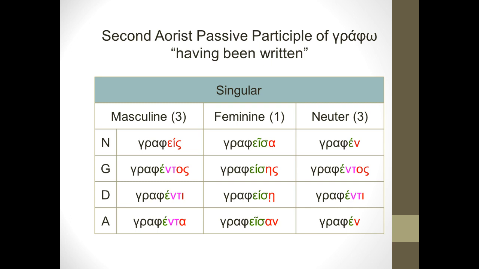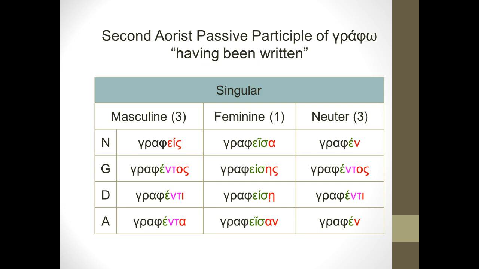Finally, for paradigms, we have to look. There is a second aorist passive participle, just as we saw earlier, and this shows up with grapho. If you look at this, you'll notice that it follows the same exact endings as the other passive aorist participles.